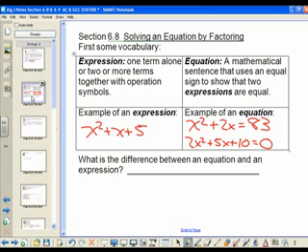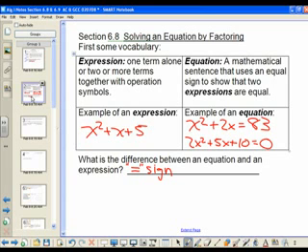The equal sign. You are saying the thing on the left side is mathematically the same as the thing on the right side. That makes it an equation.